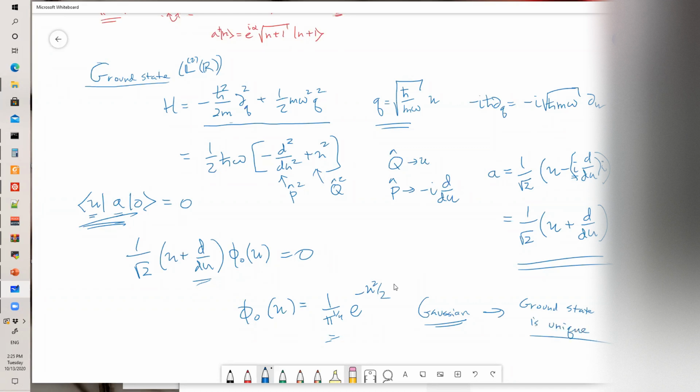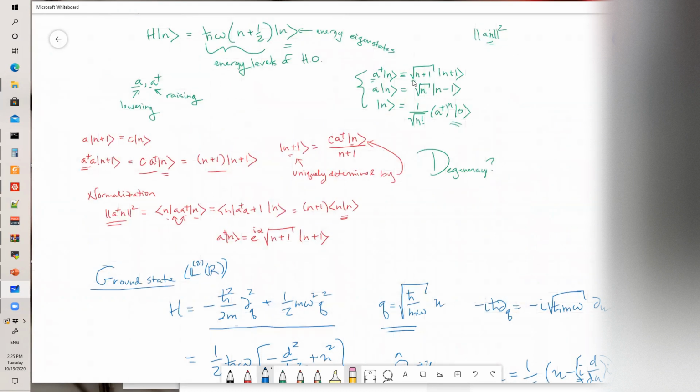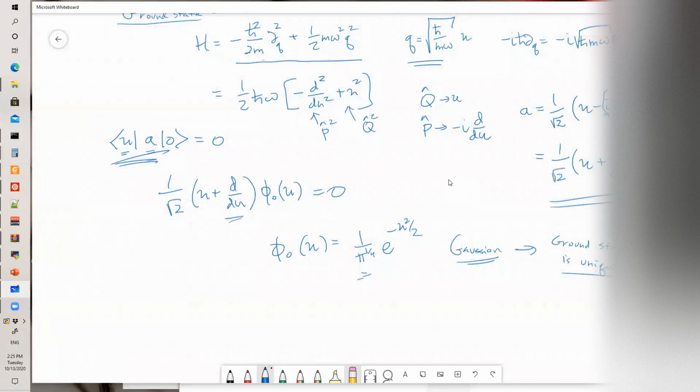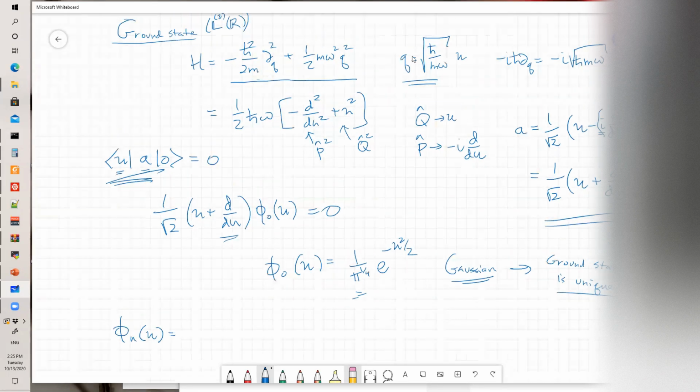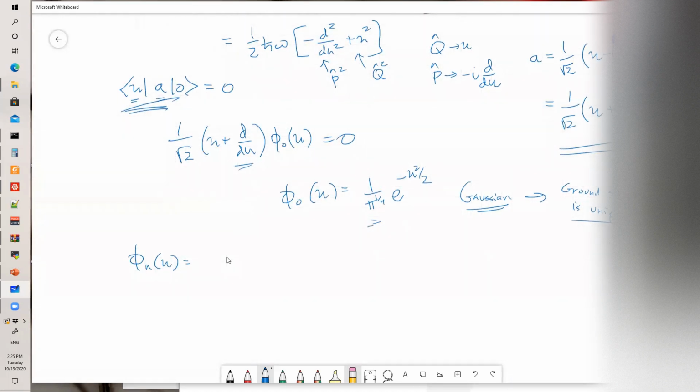And if the ground state is unique, then all the other states must be unique because we can construct them all by applying the raising operator over and over again. And moreover, you can actually figure out what the wave functions are. The wave functions as a function of u, again, it's like x, but this rescaled coordinate. What are those things? Well, it must be 1 over pi to the 1/4, 1 over square root of n factorial.